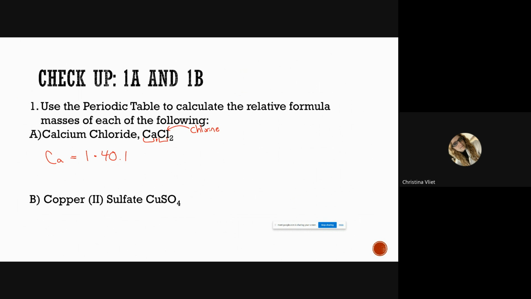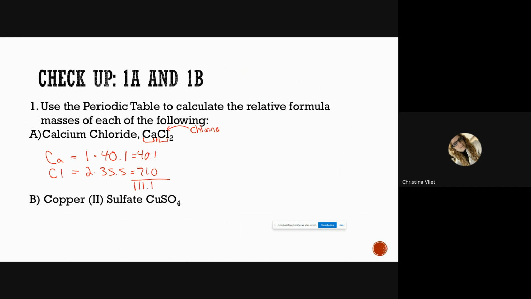Chlorine, how many do I have? 2 times 35.5. And when you are doing your rounding, significant figures are going to come into play later on. But you would basically just use the same amount of decimal places that your periodic table gives you. So if your periodic table from Cambridge goes to 1 decimal place, then all of your answers should be to 1 decimal place. So your answer here would be 111.1.